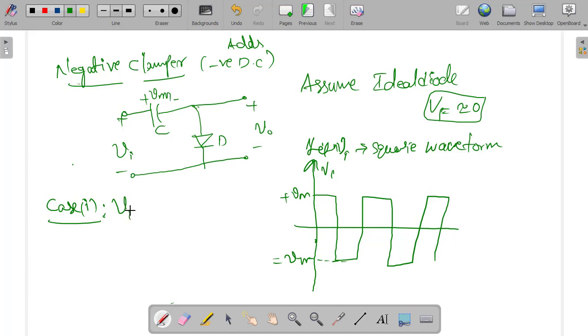Here there is no greater than or less than, because you have only two positions, either plus Vm or minus Vm. So we'll assume Vi is equal to plus Vm. Vi equal to plus Vm is nothing but, here there will be Vm voltage acting like an input, upper positive and bottom negative.